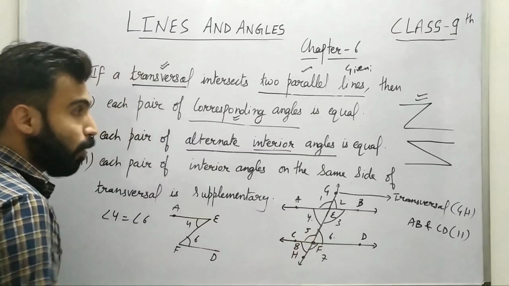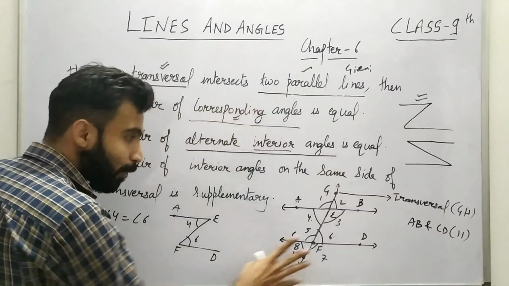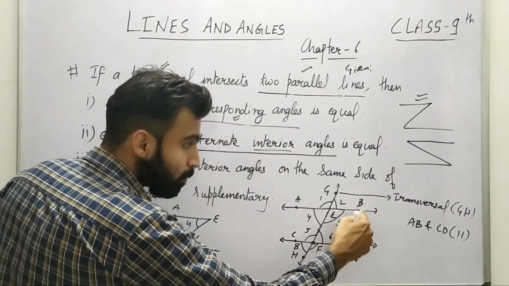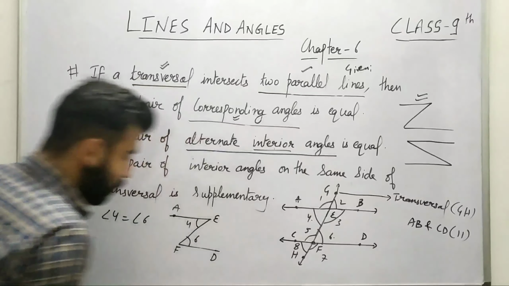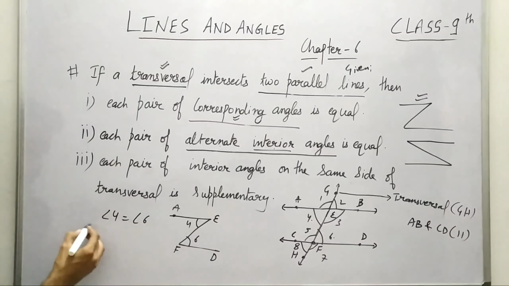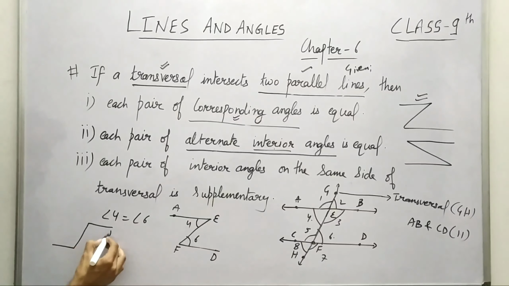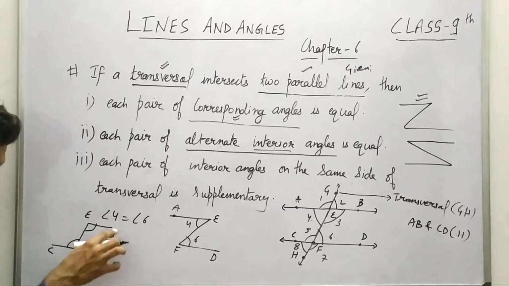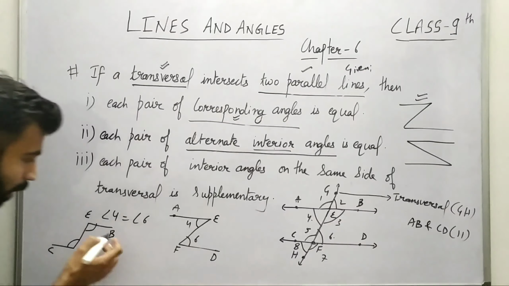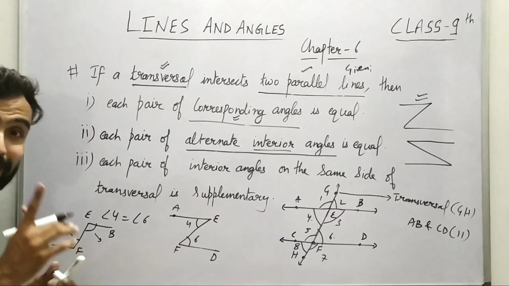So let me also show you when the opposite Z structure is formed. So you will see B, E, F and C. So let me draw it here. So like this, B, E, F and C. So this is B, this is E, this is F, and this is C. So you will see these angles which form the opposite Z are on the outside, that means exterior.